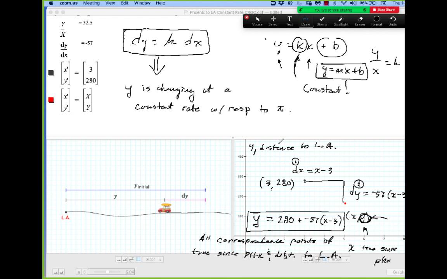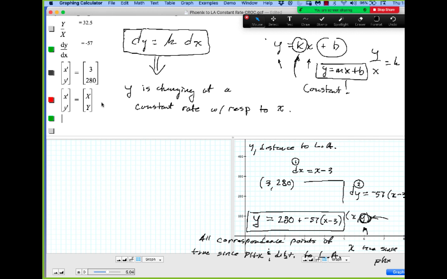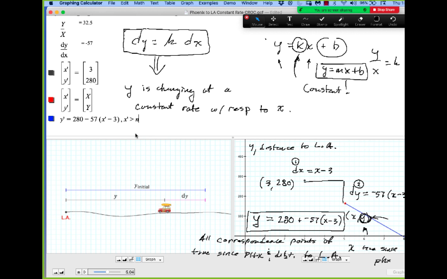So I'm going to graph that real quick. Let's graph this. So in the GC, I want to graph y equals 280 minus 57 times x minus 3, using apostrophes, and I want to show that just for x from 3 to n.